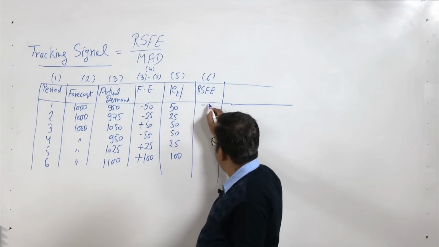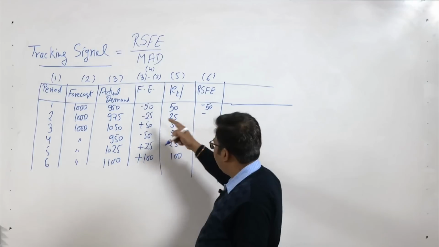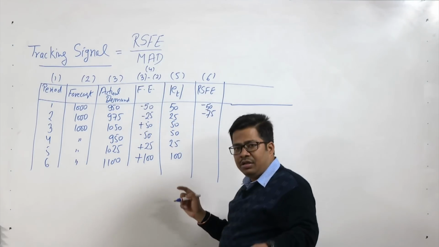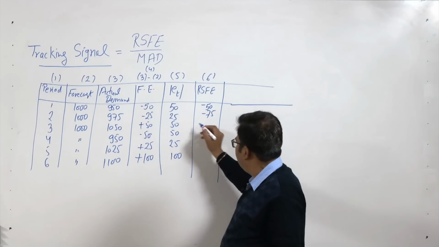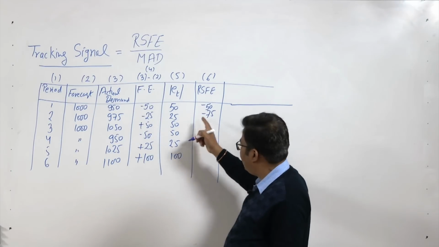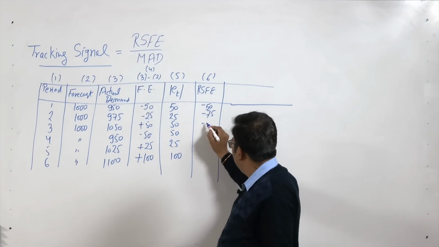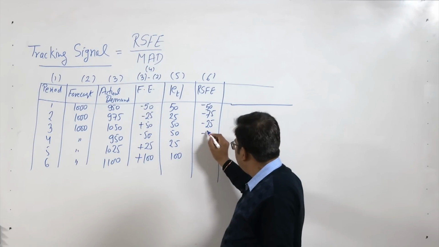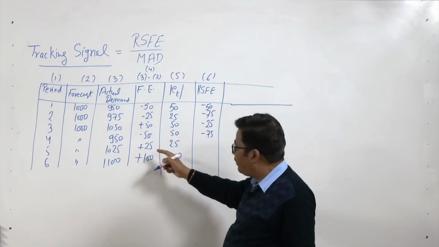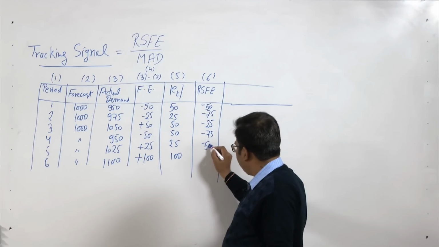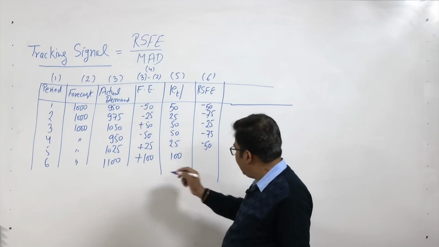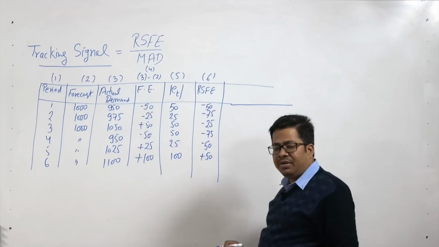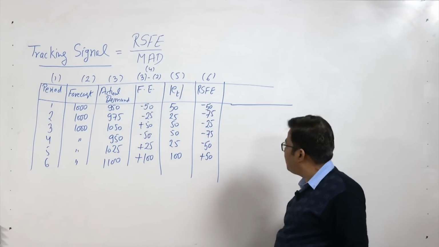So, this is minus 50, then you add minus 25 to this, it becomes minus 75, you add plus 50 to this, so minus 75 plus 50 becomes minus 25, then further minus 50, it becomes minus 75, plus 25, it remains minus 50, and plus 100. So, it finally ended up with plus 50. So, these are the running sum of forecasting errors.